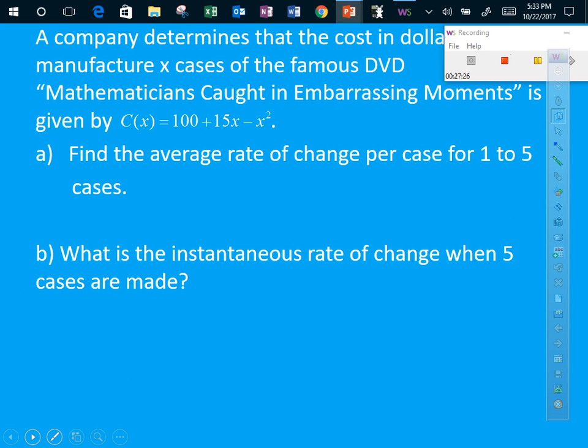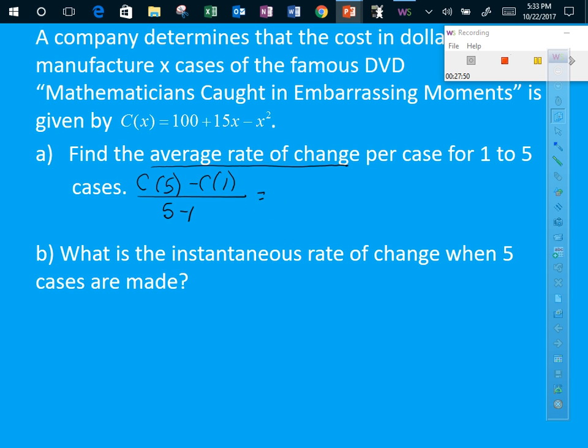Okay, there it is. So I had the table. It says, find the average rate of change. So guys, remember, when you hear average rate of change, that's going to be your f of 5, or in this case, c of 5. So let me write that properly. C of 5 minus c of 1 over 5 minus 1.